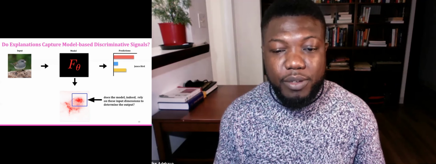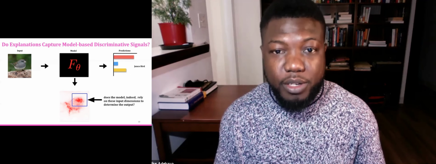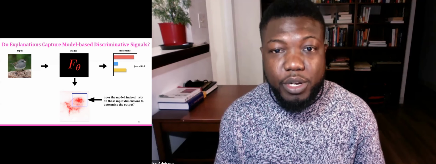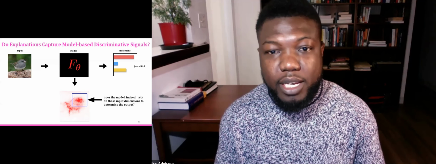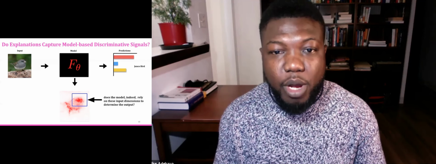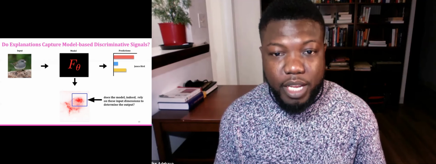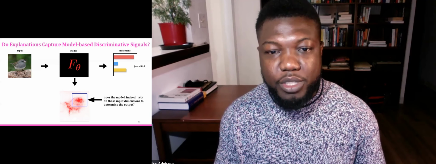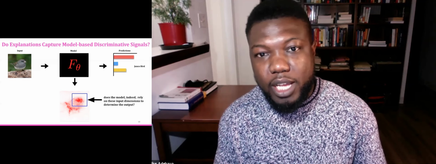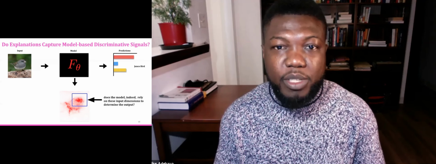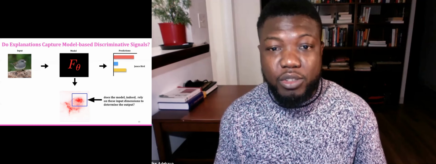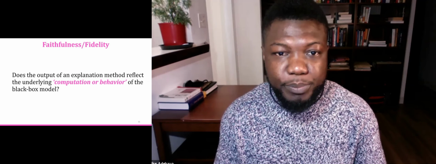And the question of faithfulness really asks whether the explanation, in this case the saliency map that we computed, really reflects the underlying associations that the model learns from the data. More specifically here, the faithfulness question gets at whether the strongly highlighted portions of this saliency map really reflect the parts of this input that the model relies on to make a classification of Junco bird.